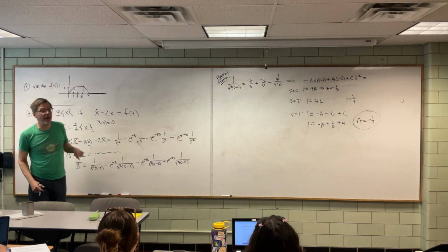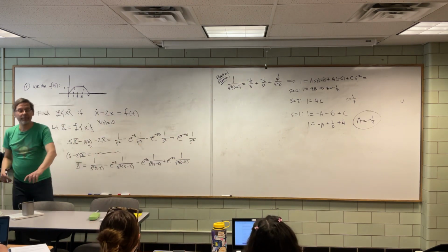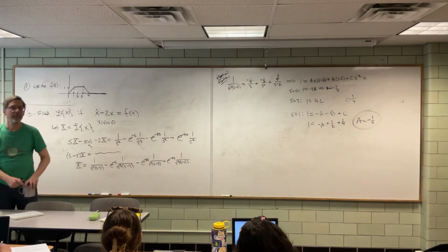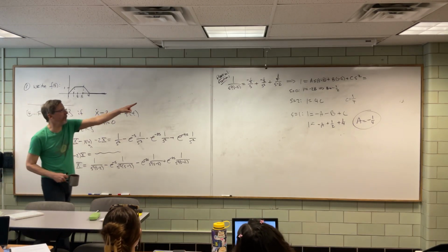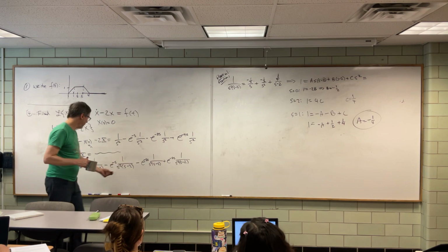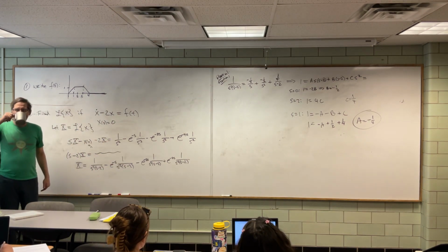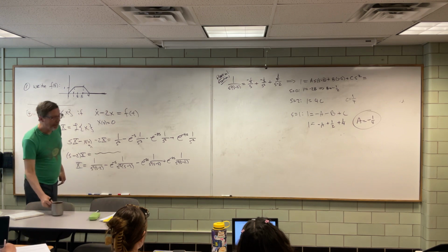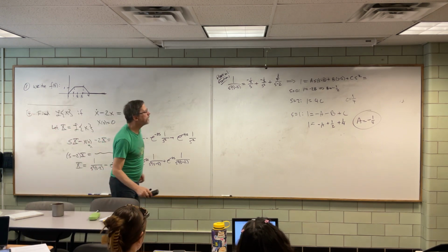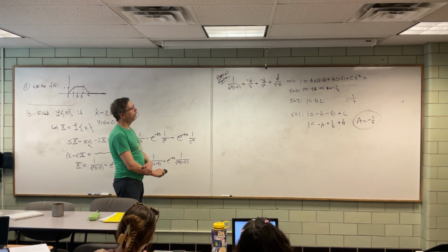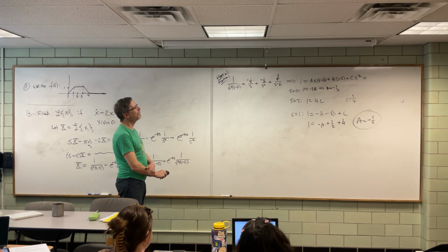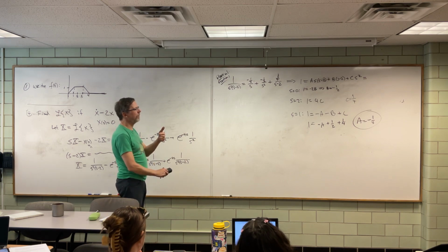Can you do the inverse transform of that in your head? Let's practice. What is the inverse transform of that? Because we're going to need it 4 times. Negative 1/4, negative 1/2 t, and 1/4 e to the 2t.